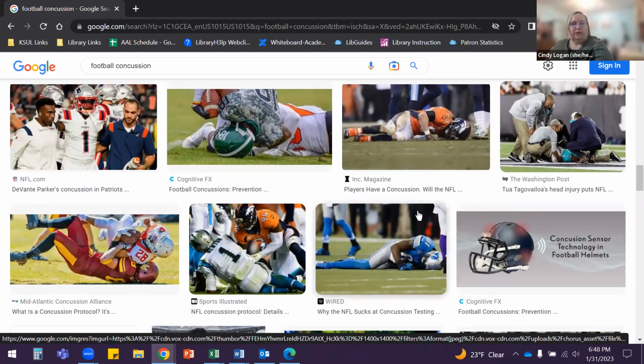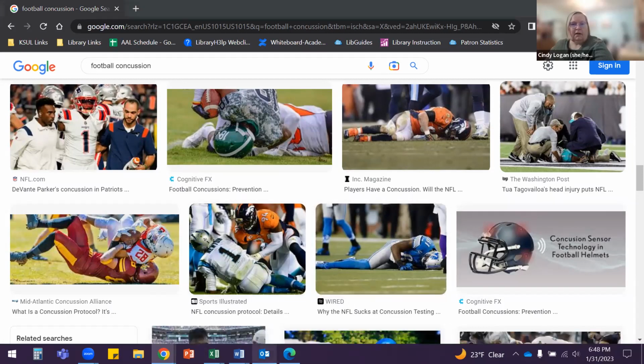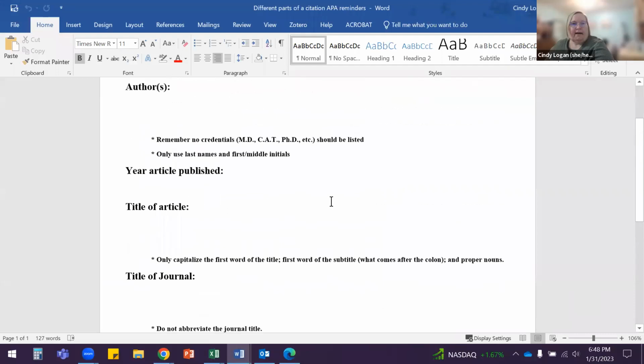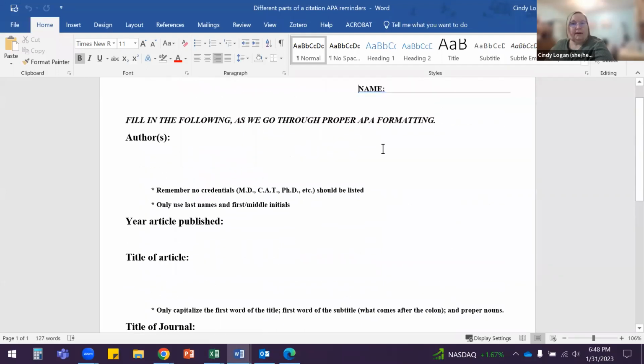And when you do your image citation, you do it much like the article information. I'm going to pull that one back up here. So you would have who the author or creator of your image was, what year it was published, if you could tell, and what the name was, maybe they named the image.